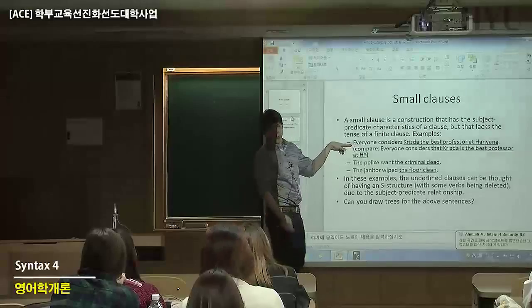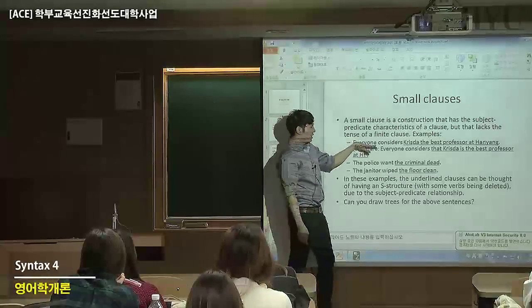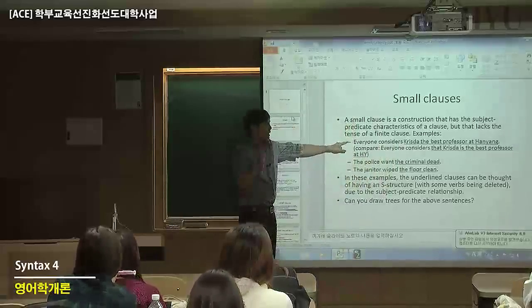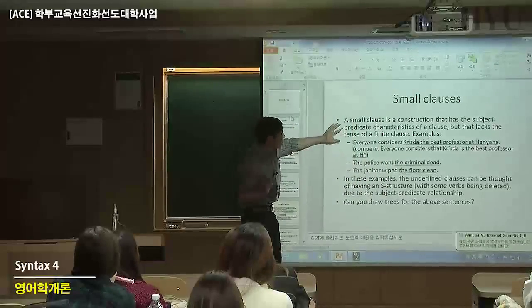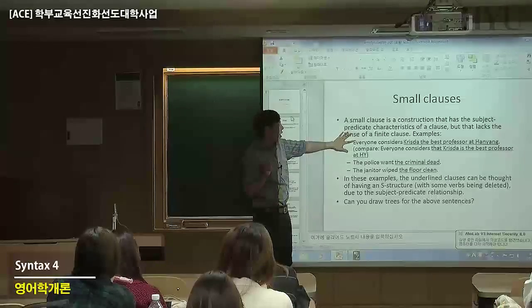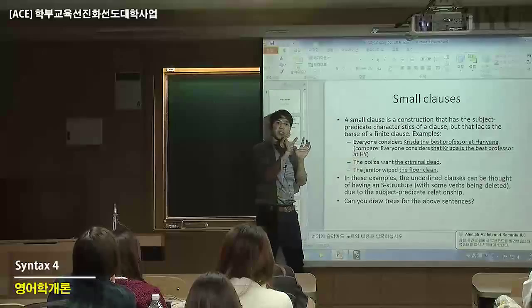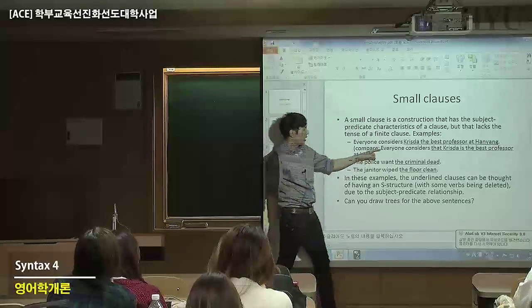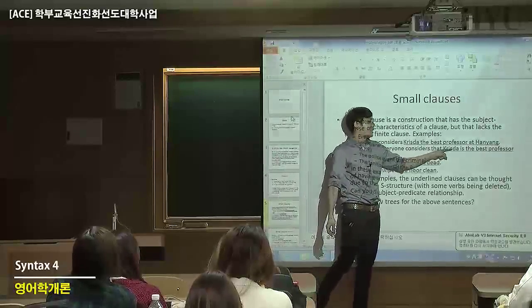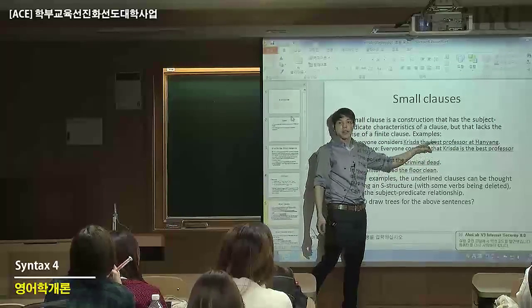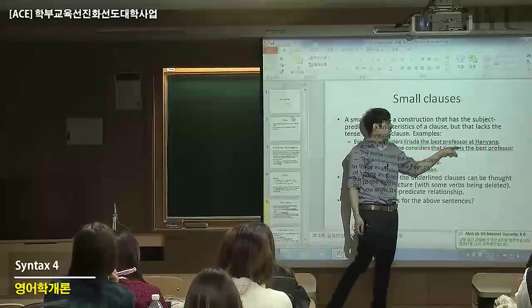This one, which is a fact. Everyone considers Chris Da the best professor at Hanyang. Okay? Here, this is not a small clause. No, that one is a small clause. Okay? If you compare that to a full clause, main clause with a subordinate clause, like everyone considers that Chris Da is the best professor at Hanyang. Here, you have a CP, right? That is a C, and then Chris Da is the best professor.